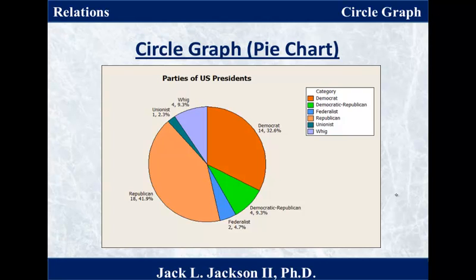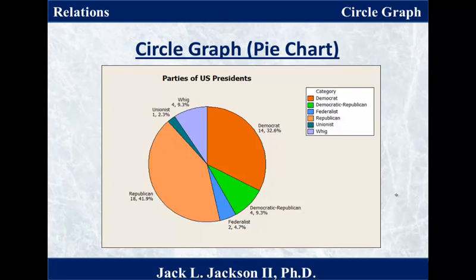Here we're thinking of the input as being the political party of the U.S. presidents as of the date of this particular recording. We've had 14 Democratic presidents, 4 Democratic Republican presidents, 2 Federalists, 4 Whigs, 1 Unionist, and 18 Republicans.